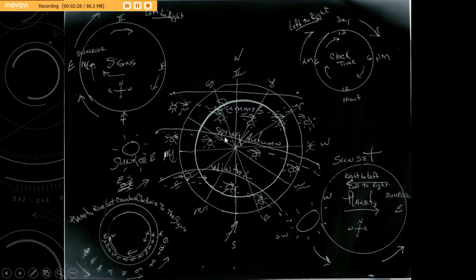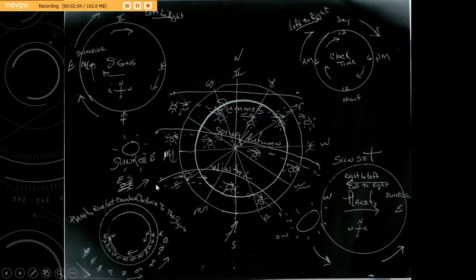Spring going in from winter into spring, and then autumn going from summer into autumn. Okay, and then summer is your highest point.